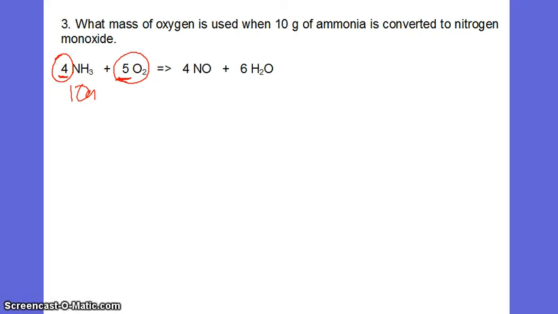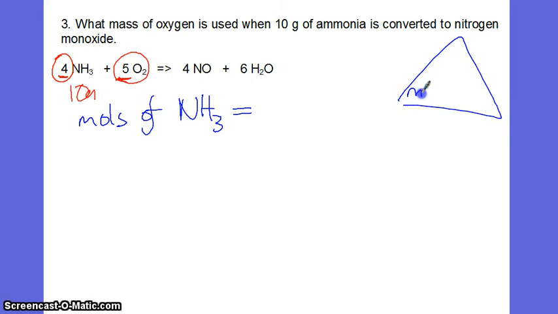If we move through this quite speedily, again, 3 stages. Work out your moles of NH3. Here's my triangle: moles, mass, RFM. The mass is 10. You can work out your RFM by adding them together. Nitrogen is 14, hydrogen is 3, so 10 over 17. I'm just going to leave it as that fraction.